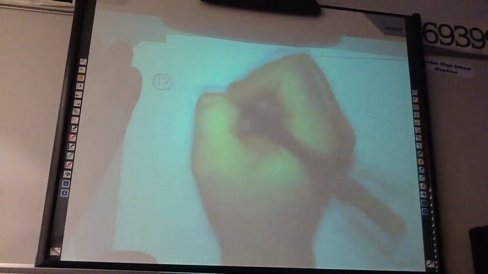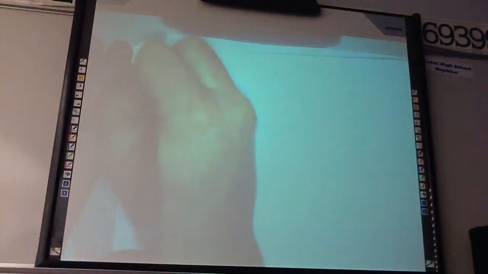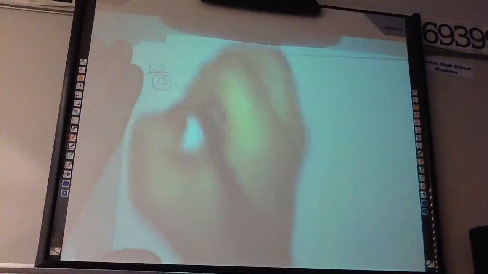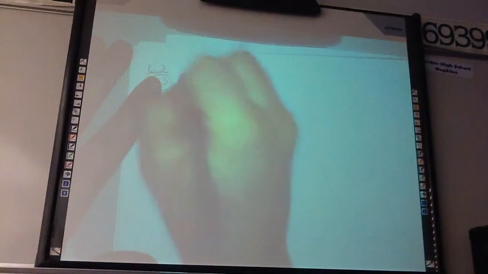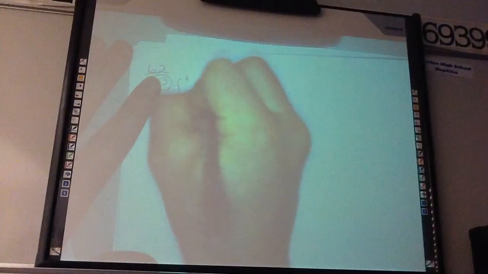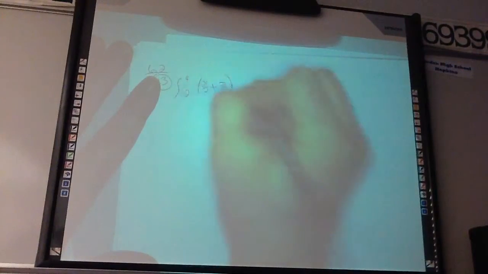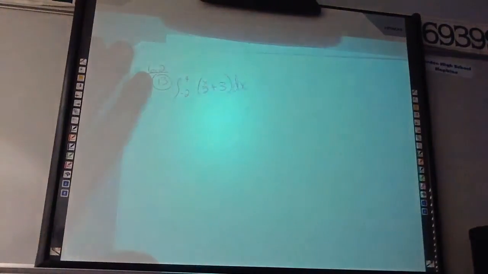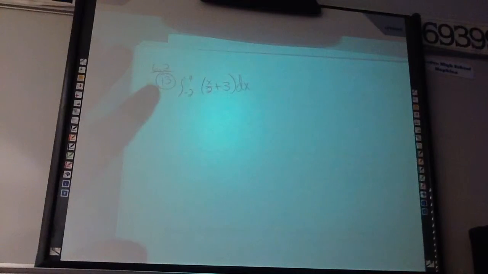For right now, like one of your homework problems that you're about to get today, we're back to that. This is 6.2, number 13, the integral from 2 to 4. This was supposed to be before you knew the little trick of the antiderivative.